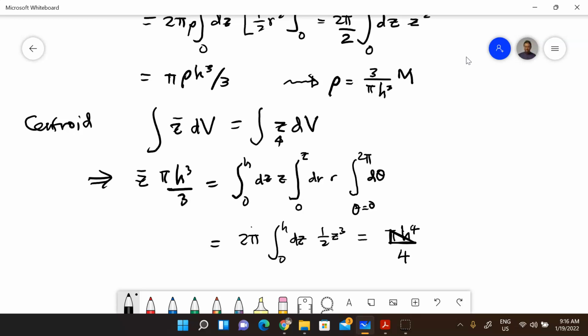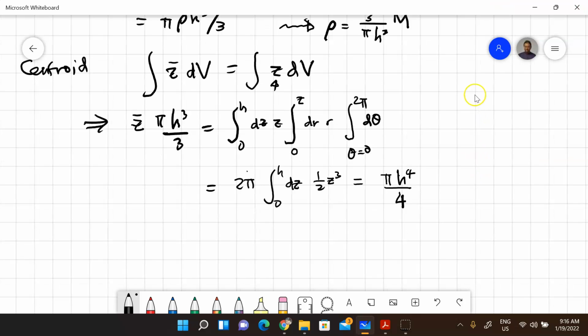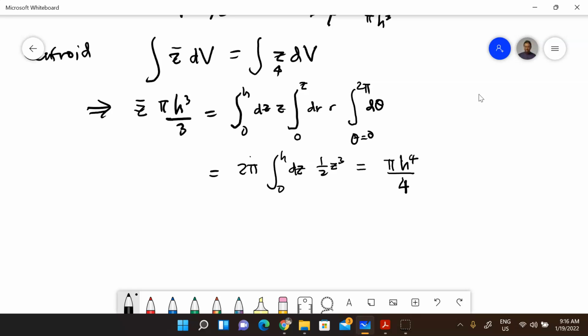The 2 here is cancelled off. Now you simply calculate your z bar. Z bar is pi h to the 4th over 4, bring this factor to the other side, that gives you 3 over pi h cubed, and that gives you 3/4 h.